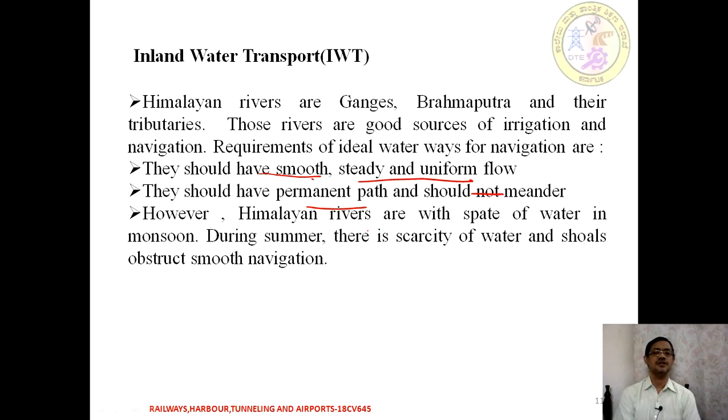However, Himalayan rivers have a spate of water in the monsoon, while during the summer there might be a scarcity of water, and also shoals obstruct smooth navigation. So a minimum amount and intensity of water flow is also important.